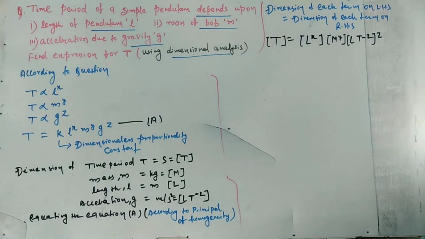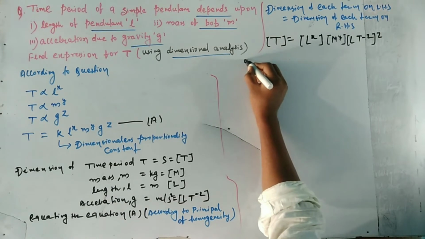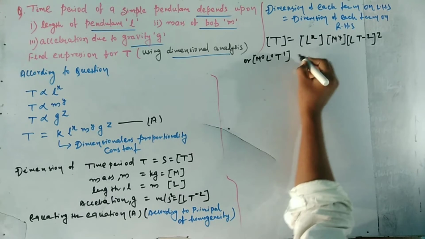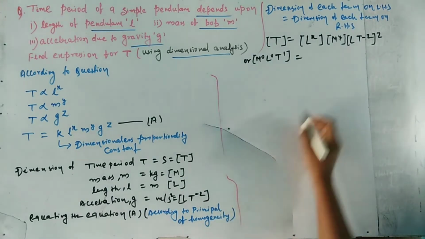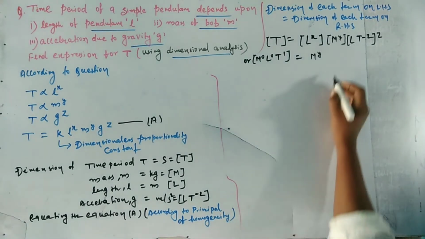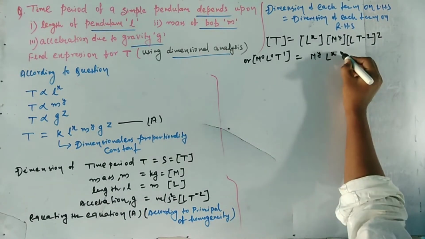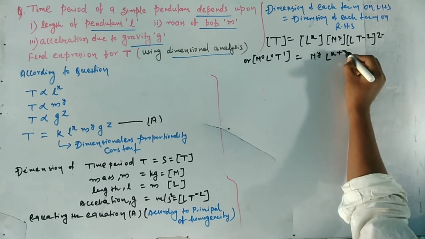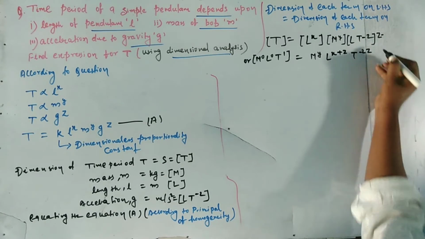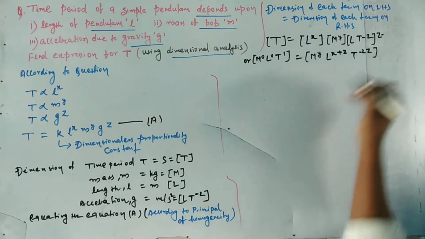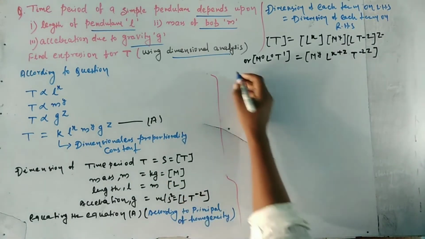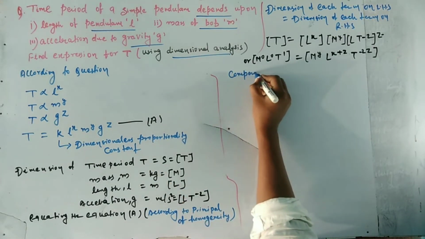Now solve this equation: M to the power 0, L to the power 0, T to the power 1 equals M to the power y, L to the power x plus z, into T to the power minus 2z. Because T we can write as M to the power 0, L to the power 0, T to the power 1.